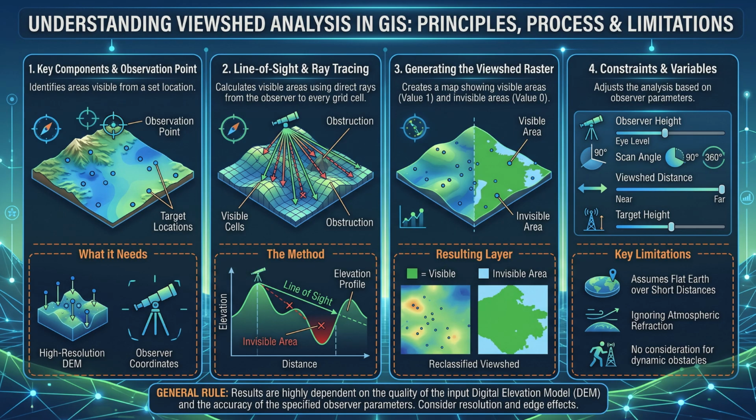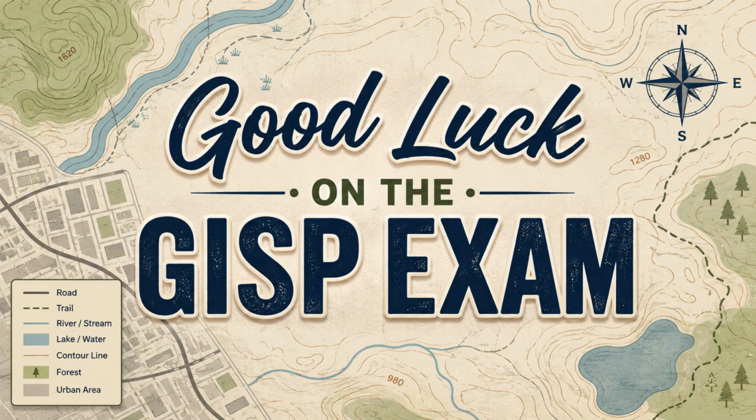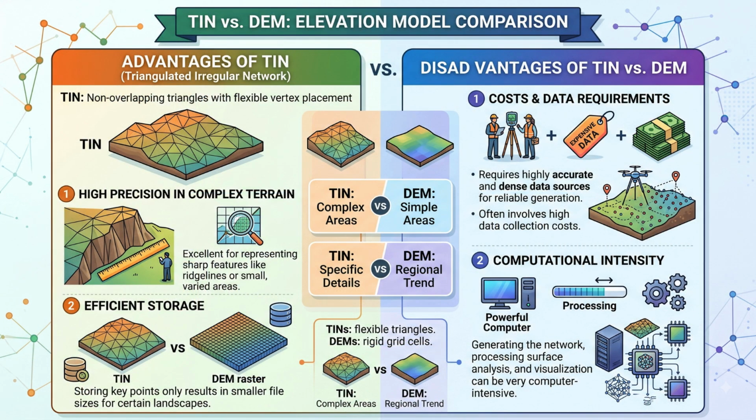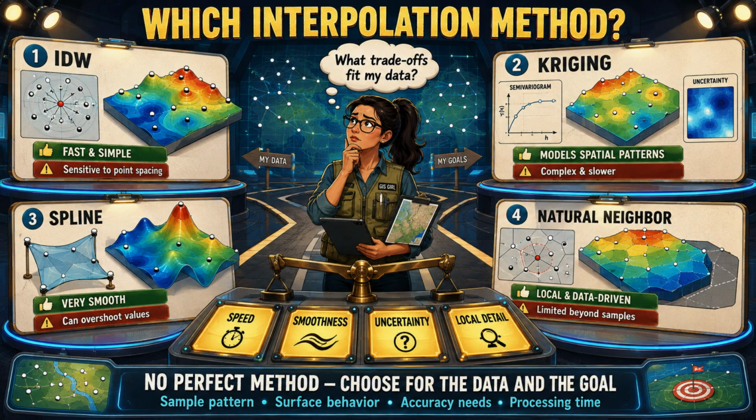Yes, all of it. That brings us back to you, our listener. If you are sitting for the GISP exam soon, mastering these specific mechanics is going to be the key to passing Section 303. It really is. You need to be able to clearly articulate the structural differences between vector TINs and pixel-based rasters. You need to know how contour intervals mathematically dictate slope, and you must internalize the algorithms behind surface interpolation.